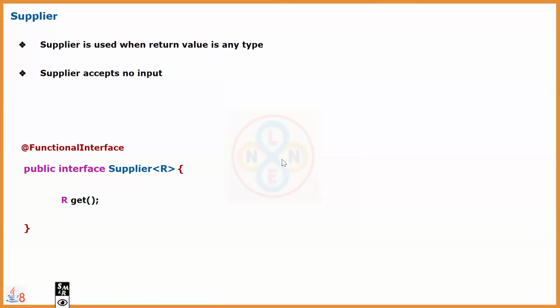Then let's go for one example, which is the most commonly used and we will be using it every day. One such example, let's understand that: generate an OTP. Generate a 6-digit OTP.